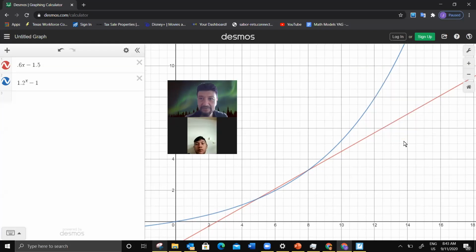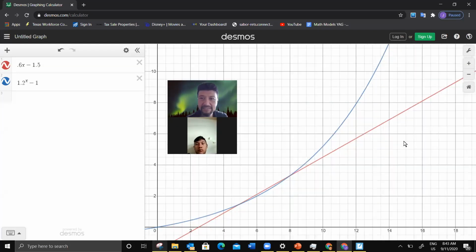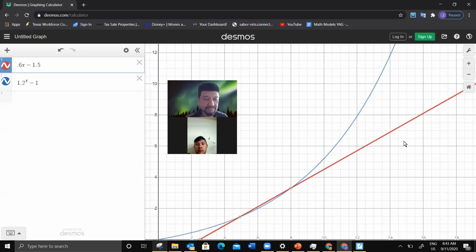When we look at 14, one of the values is at 6.9, right? And the other one is at 11.8, somewhere around there.